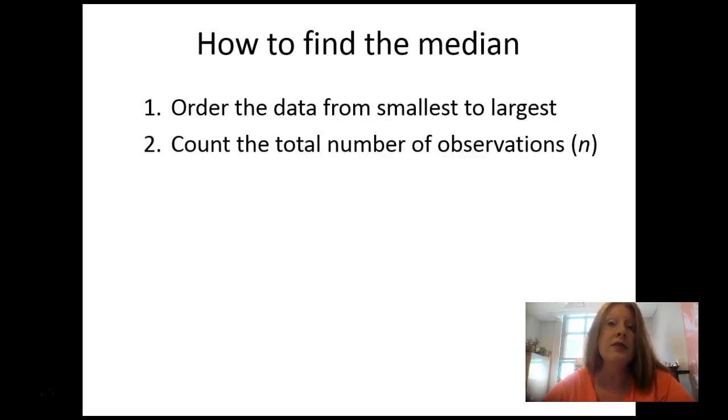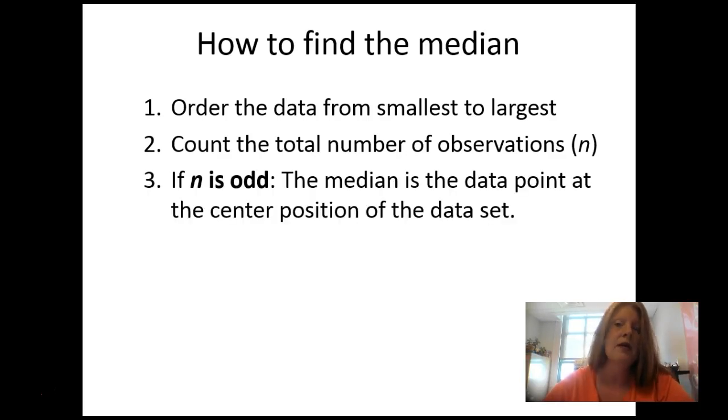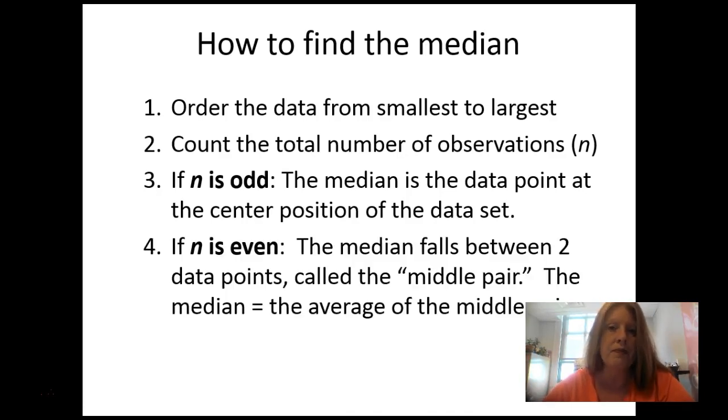You then count the total number of observations, your sample size, to determine do you have an odd number or do you have an even number. If you have an odd number, then the median is the data point that's right in the center. So in the last slide where we had the 9 students, the median was right in the middle so that we had 4 above and 4 below.